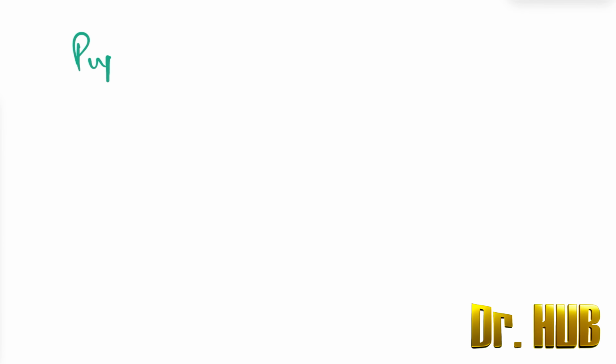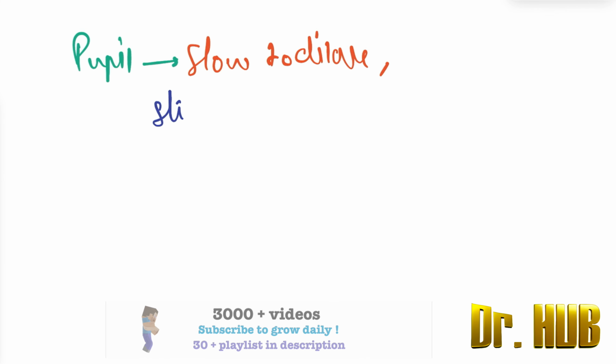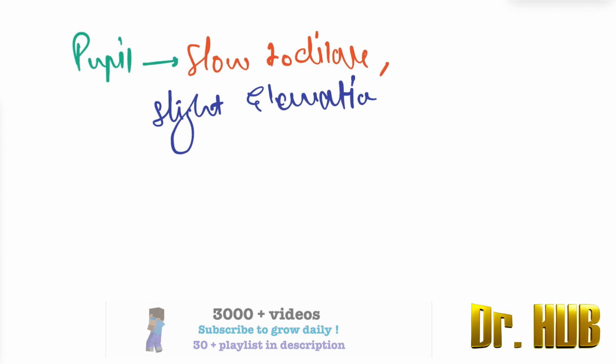And then there is also another point, that the pupil is slow to dilate. And there occurs slight elevation of the lower eyelid.